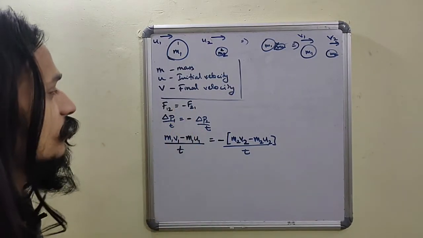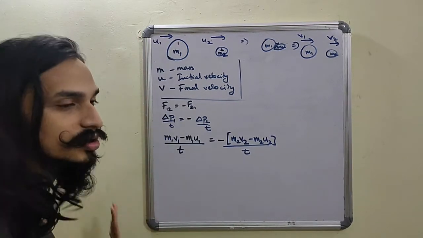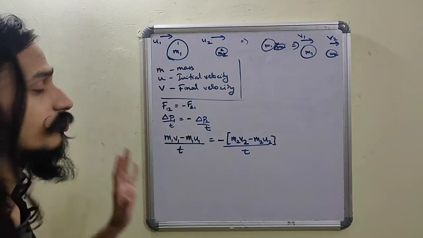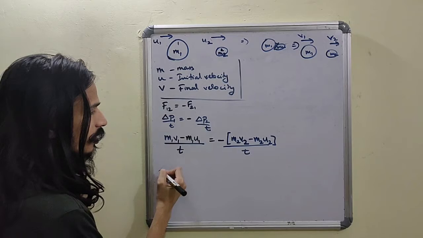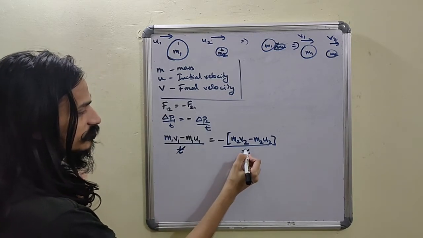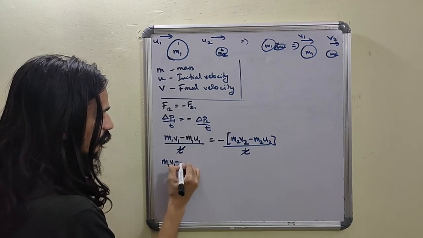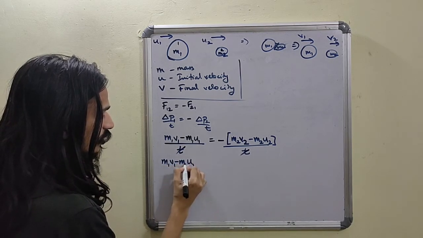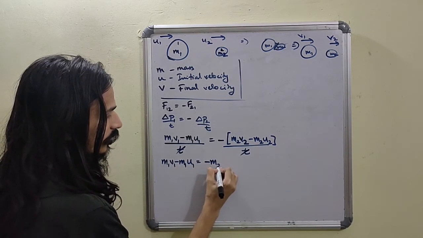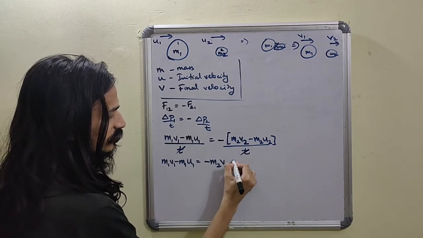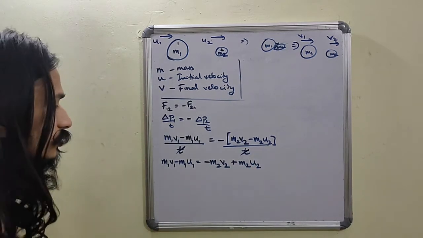I am just replacing. Don't worry about all of these steps. Remember the case, remember the answer if you are finding everything confusing, but try to follow, it's best if you understand. Now if I simplify, the first thing I can do is cancel out the t, because both are divided by the same time. So m1 v1 minus m1 u1 equals minus m2 v2 plus m2 u2.